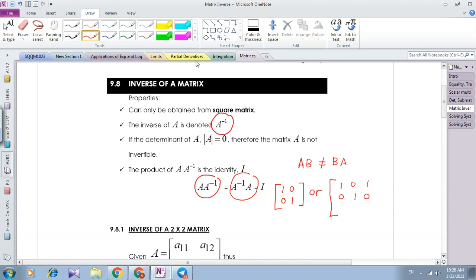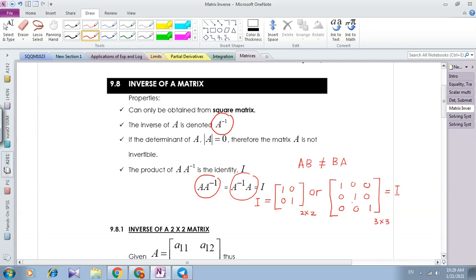I'm sorry, this is 0. Okay, 0 0 1. These two are identity matrices. This is for 2 by 2 and this is for 3 by 3.